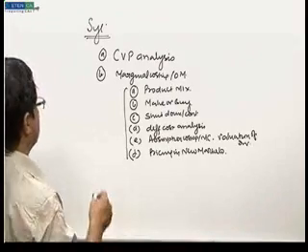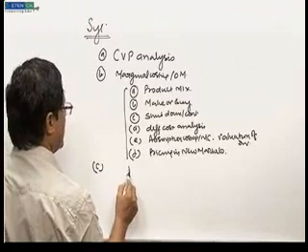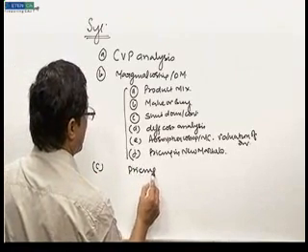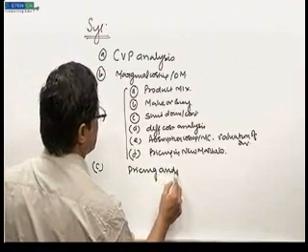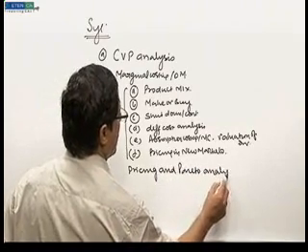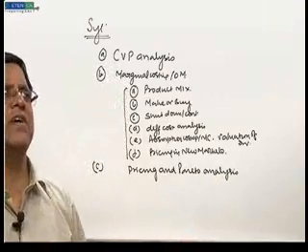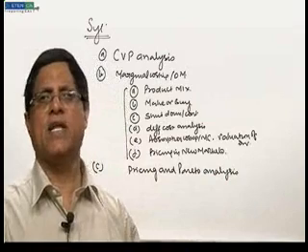Then this is pricing and Pareto analysis. This is also marginal costing, but it's a differently worded one. Separately they will ask you.